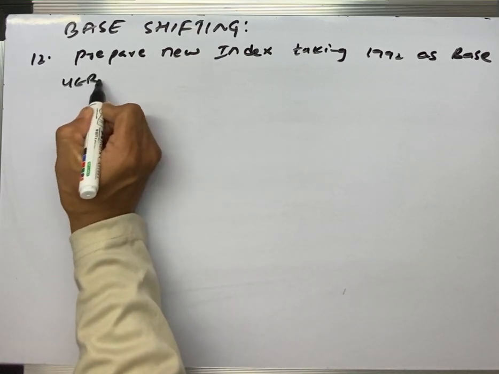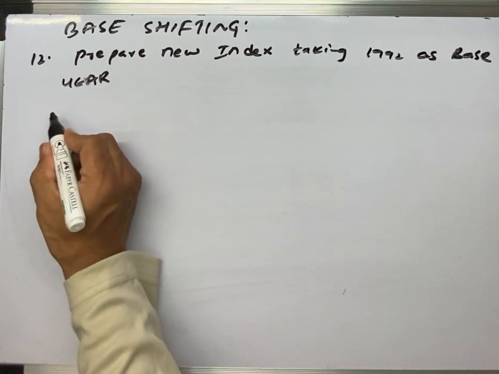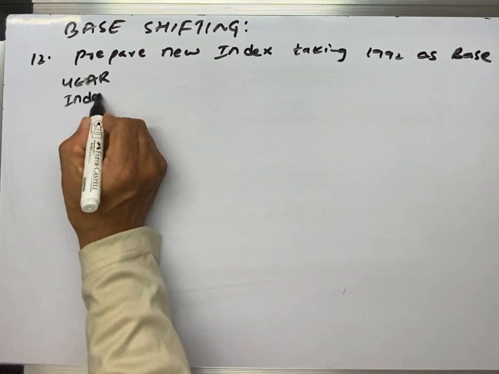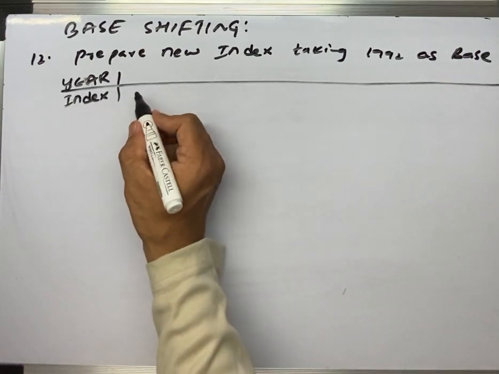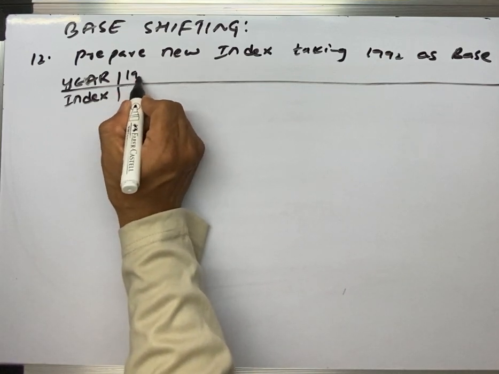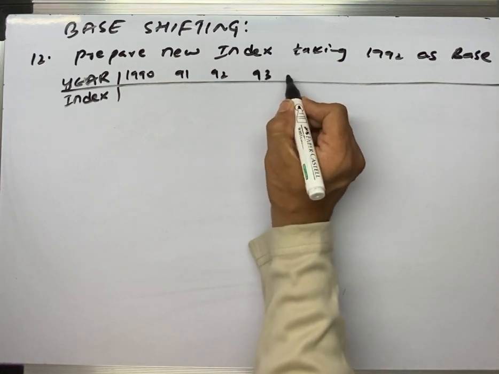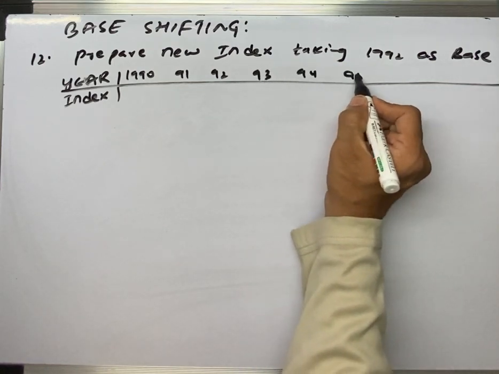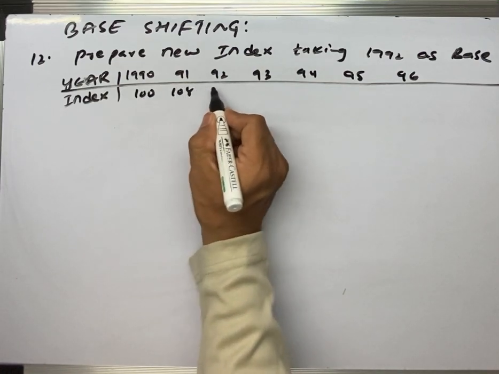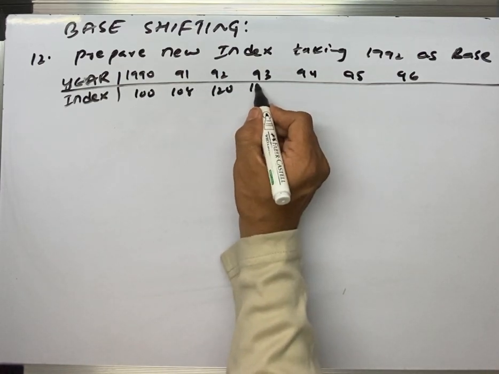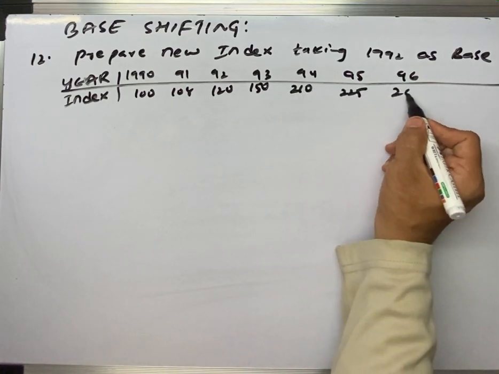Year, index. 1991, 1992, 100, 108, 120, 150, 210, 225, 240.